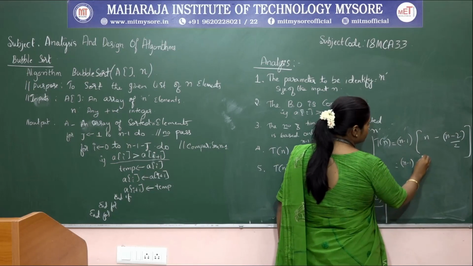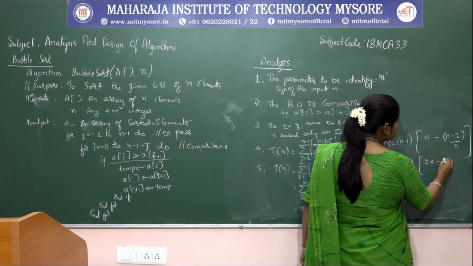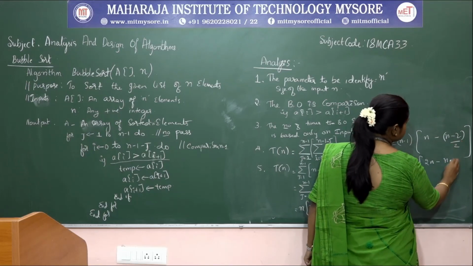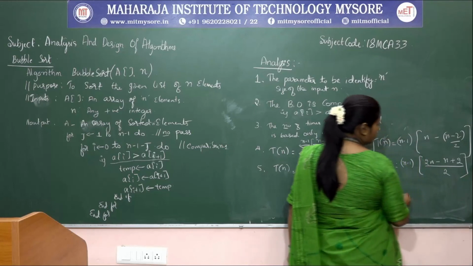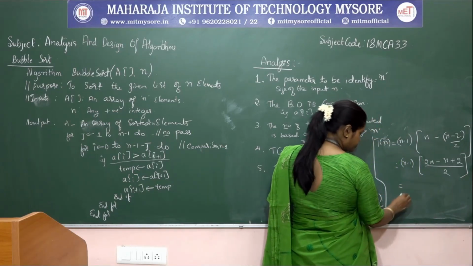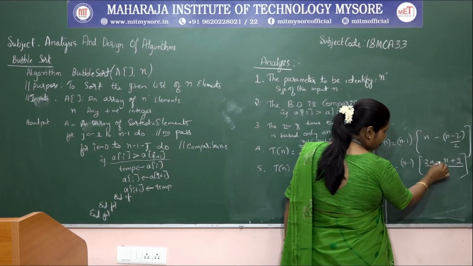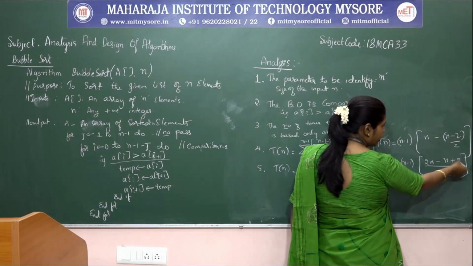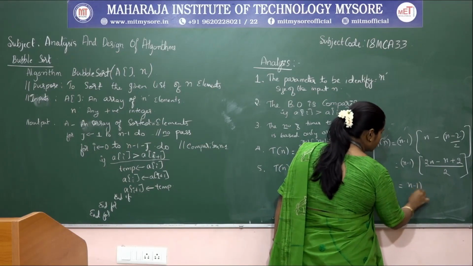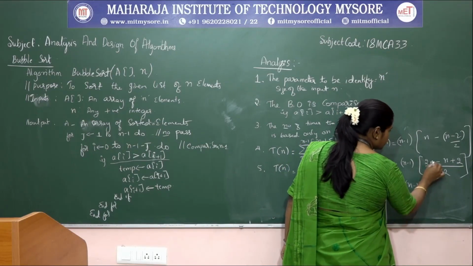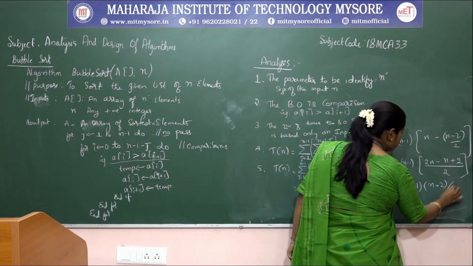So now what happens? n minus 1, and here if you take the LCM, 2n minus n, divided by 2, right? So 2n minus n is what? n. So n minus 1 into n divided by 2.